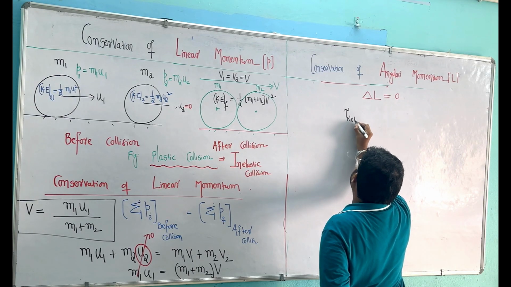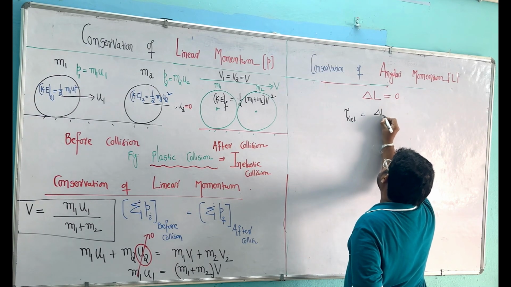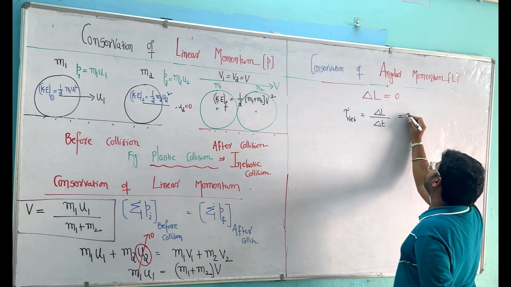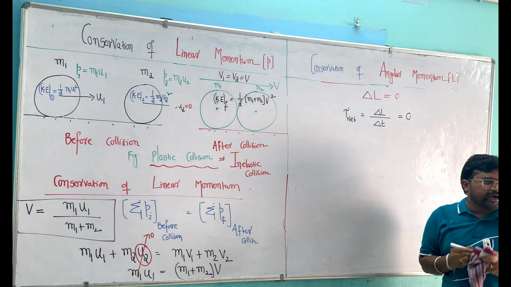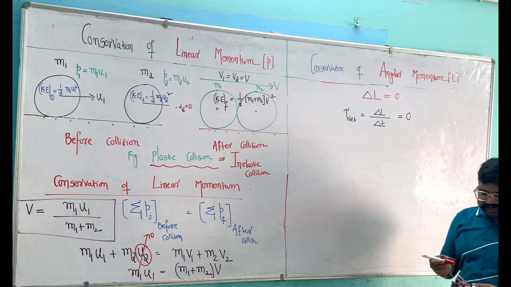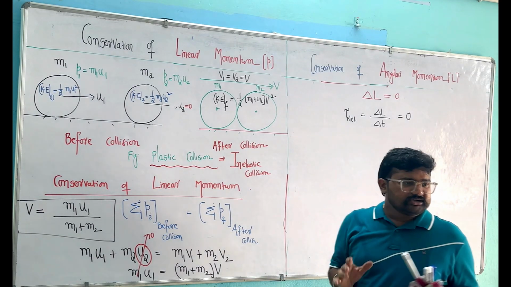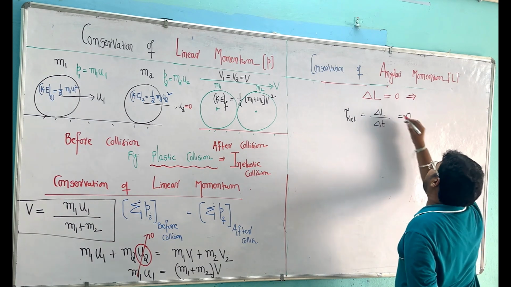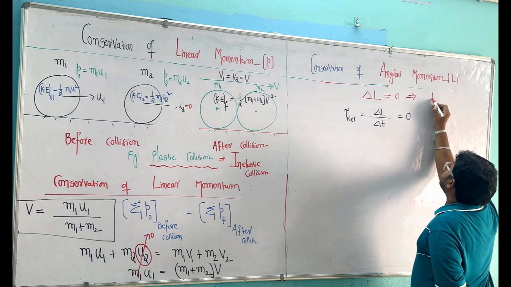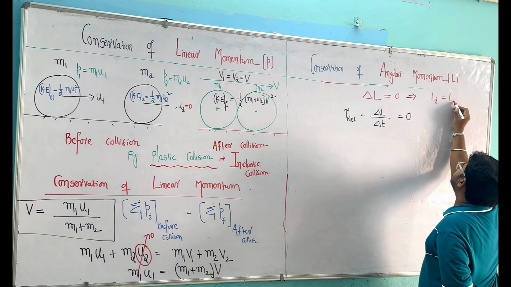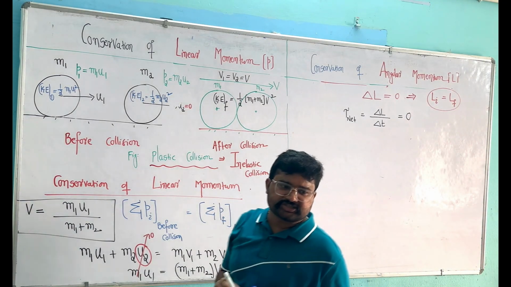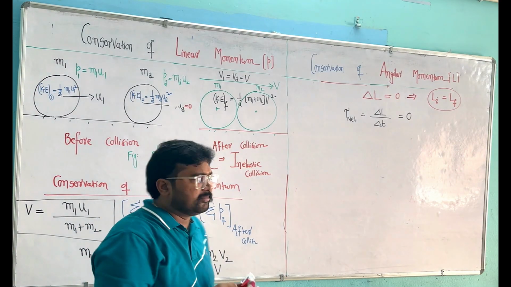Delta L by delta T. Delta L equal to 0, then tau net equal to 0. External torque equal to how much? 0. Net external torque. This can be written as L initial equal to L final. That is the law of conservation of angular momentum.